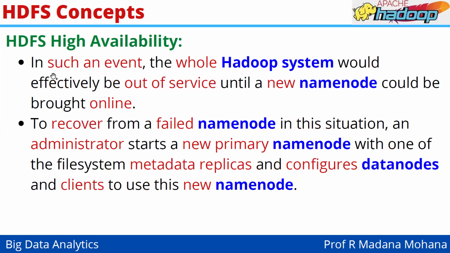In such an event, the whole Hadoop system would effectively be out of service until a new name node could be brought online. To recover from a failed name node in this situation, an administrator starts a new primary name node with one of the file system metadata replicas and configures data nodes and clients to use this new name node.